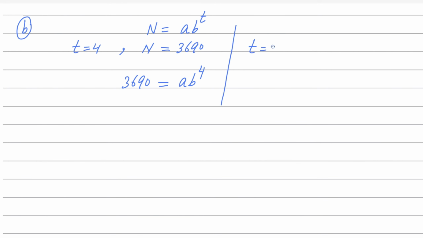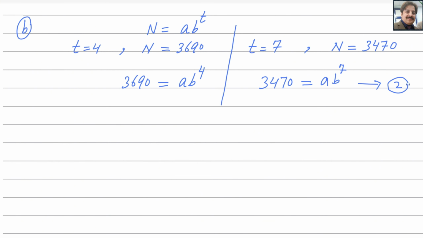When t equals 7, the number of voles are, this is also given in the question, 3470. Plug in these values in the equation, we get the result 3470 equals AB to the power 7. We have now two equations. We will solve them simultaneously. Equation number 1 and 2. If you divide 2 by 1, we will get rid of A.